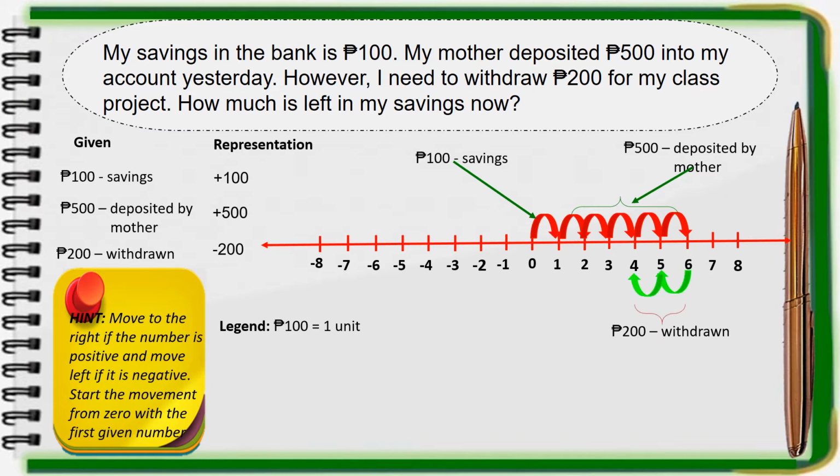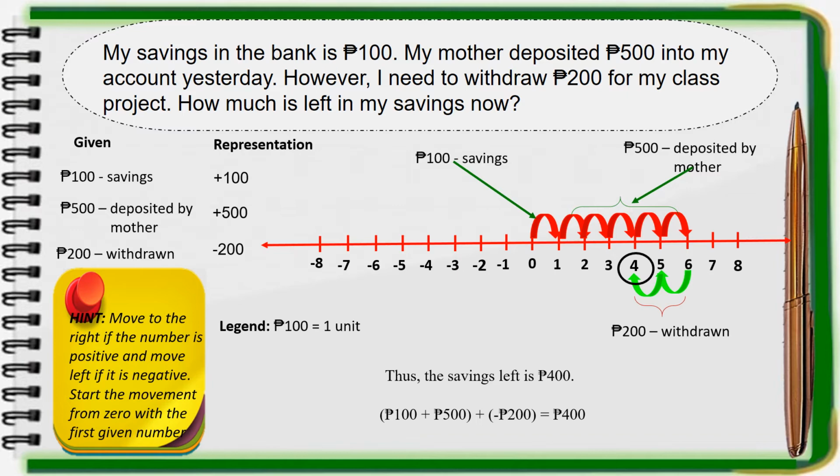At nag-end tayo dito kay positive 4. Ang ibig sabihin, meron tayong 400 pesos. Thus, the savings left is 400 pesos. Okay, so we get the same answer, just like in using colored chips.